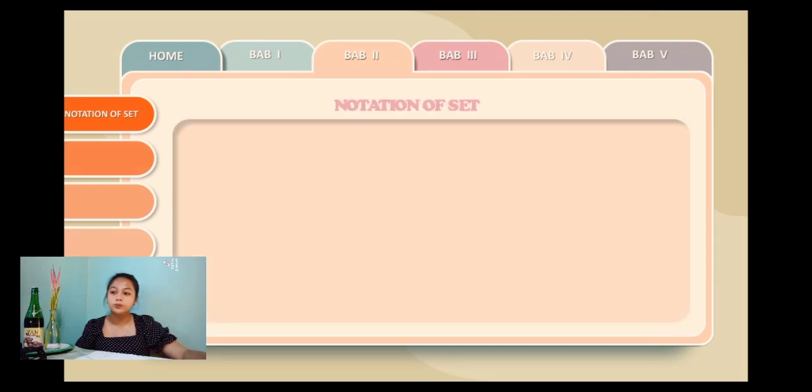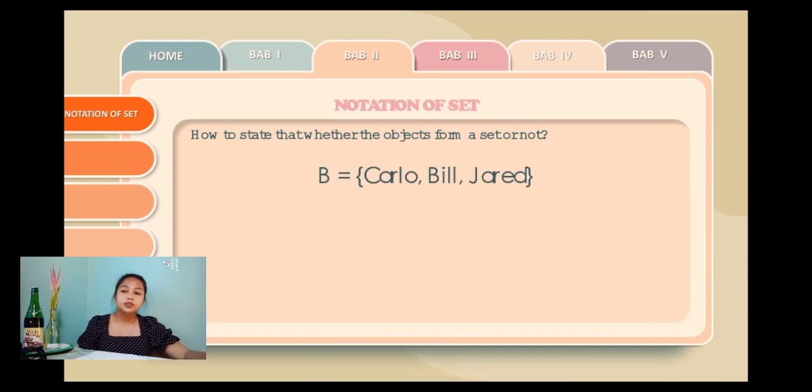How do we state whether the objects form a set or not? Paano natin ma-identify kung ang isang bagay ay set or hindi? So, for example, yung kanina, set of brothers is sila Carlo, Bill, and Jared.